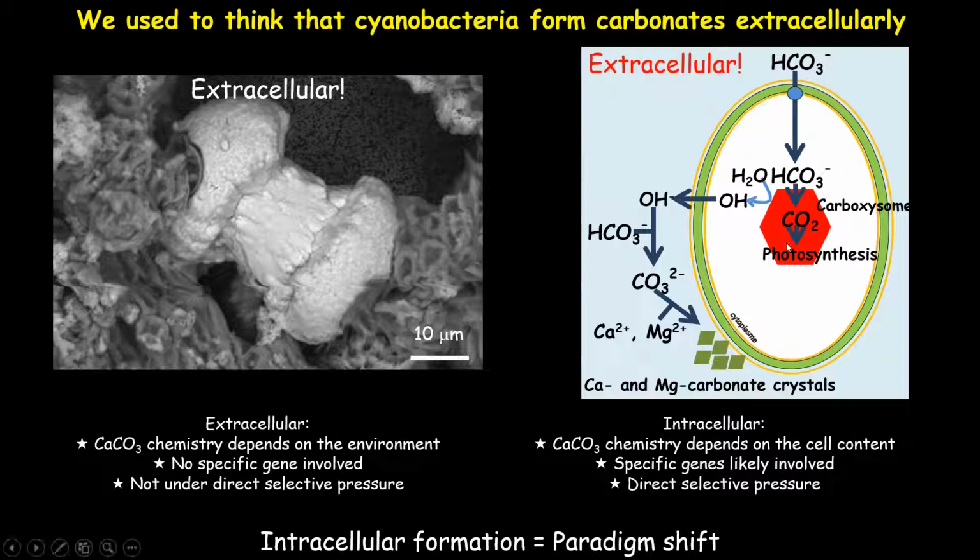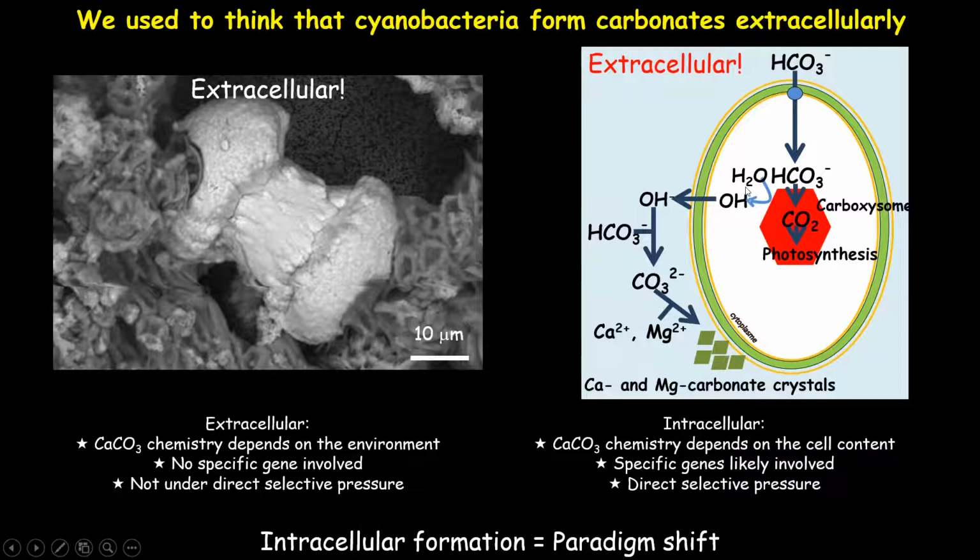And then within the cells, there is a compartment here, which is in red, that is called a carboxysome. It's delimited by proteins. And this is where the reduction of CO2 into reduced carbon, organic carbon, takes place. And so you see that at some point you have transformation of bicarbonate to CO2, and that releases OH minus.